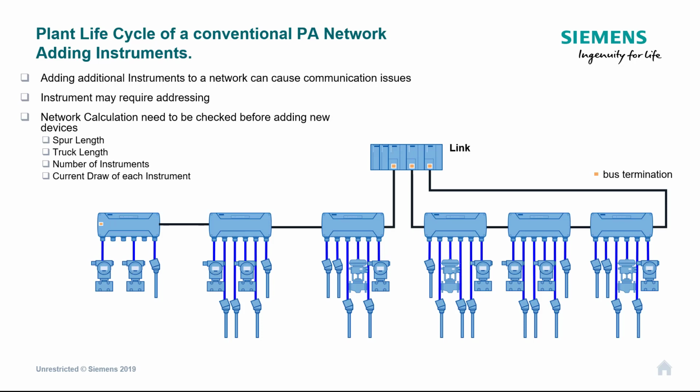And then normally what starts to happen is you start to have communication issues, because the first thing you haven't done is you've added these instruments, but you haven't recalculated your cyclic data time. So that needs to be done. But most commonly what happens is we have to get a certain bit of plant up and running quick. We don't check the network design to make sure that it can actually cope with the additional instruments that we're putting on. So this is where we need to be careful.